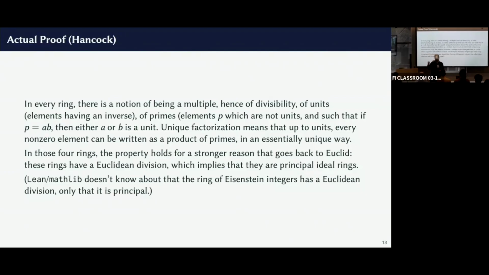In fact, no, the Euclidean division has been defined for natural numbers, but we say that Euclid did it for integers as well, which can't be true because Euclid didn't know about negative numbers, they did not exist. And Lean Mathlib doesn't know that the ring of Eisenstein integers has a Euclidean division. It only knows that it is a principal ideal ring.